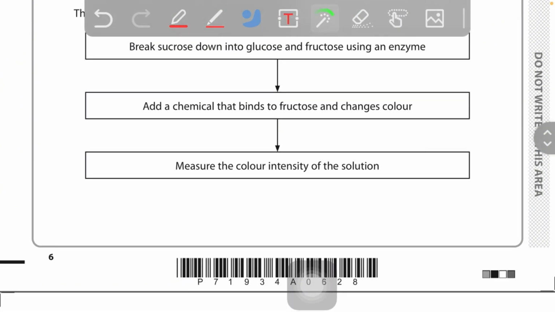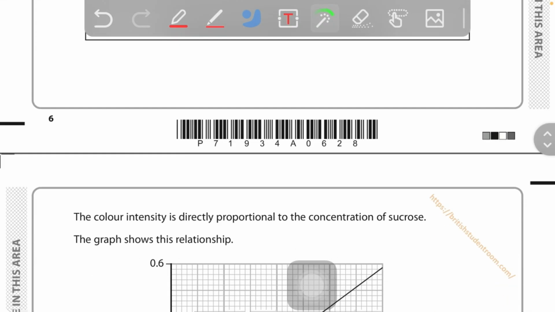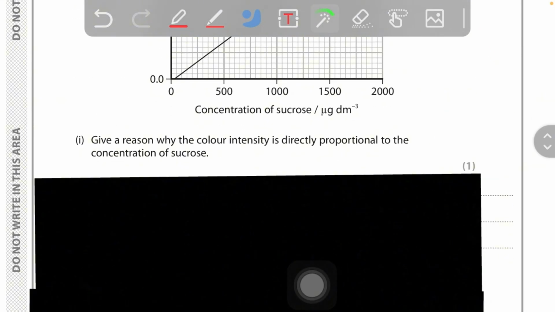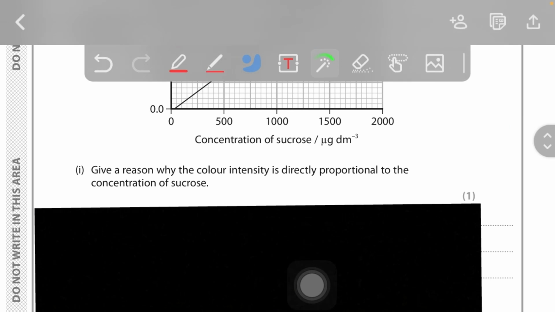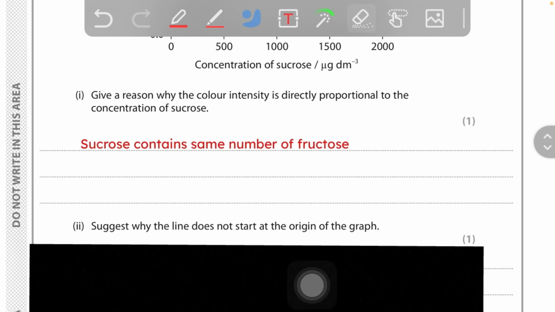It breaks down sucrose into glucose and fructose. So why is the color intensity directly proportional to the concentration of sucrose? Because the sucrose contains the fructose, and that's why it is directly proportional to it. Sucrose contains the same number of fructose.